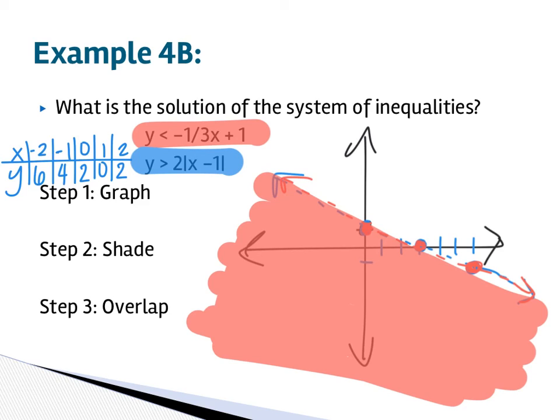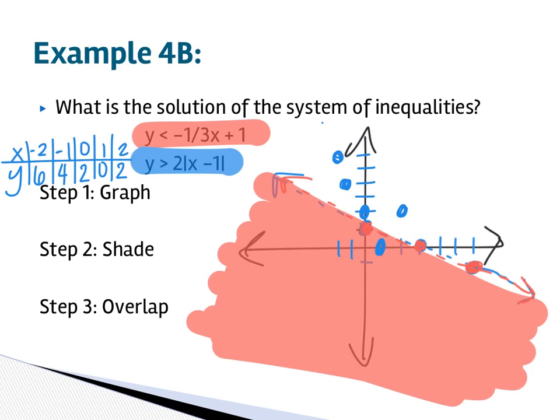So the point is -2, 6. -1, 4. 0, 2. Oh, that's 0, 1. 0, 2. 1, 0. And 2, 2.